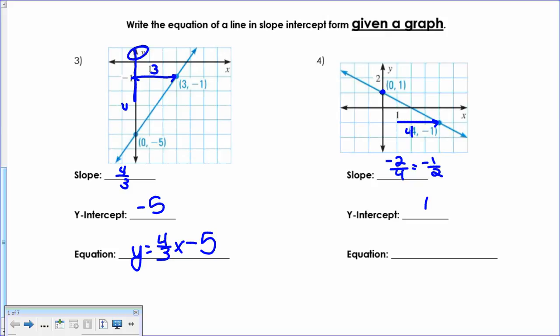So if our slope is negative 1/2 and our y-intercept is 1, what is our equation? Right, y equals negative 1/2 x plus 1. Not too bad right now to start? Trust me, you know it's going to get harder.